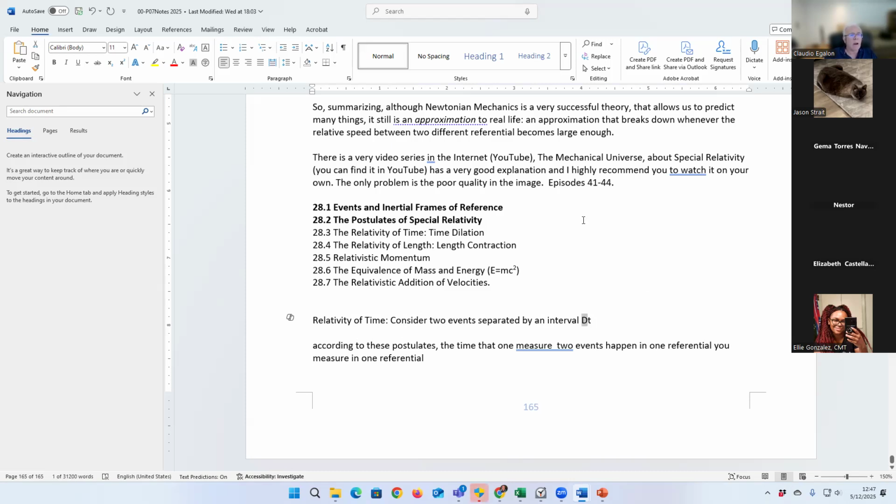Consider a light that flashes and then a second light that flashes. The time interval between those two flashes. Consider two events separated by a time interval delta t.